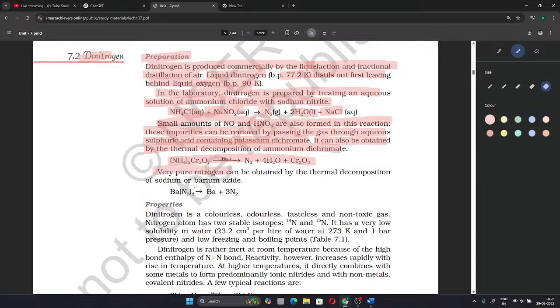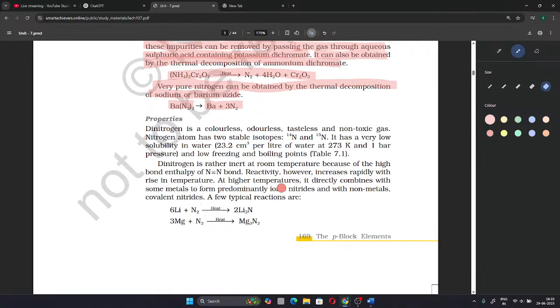Very pure nitrogen can also be obtained by thermal decomposition of sodium or barium azide. Barium azide, Ba(N3)2, will give Ba plus 3N2. Azo group meaning nitrogen groups.